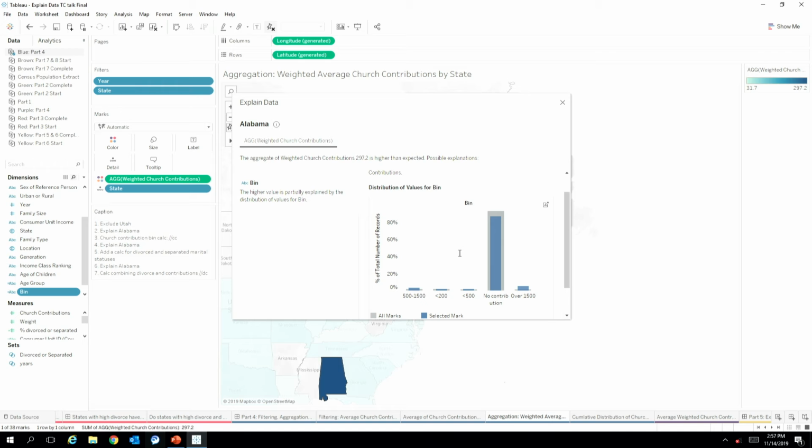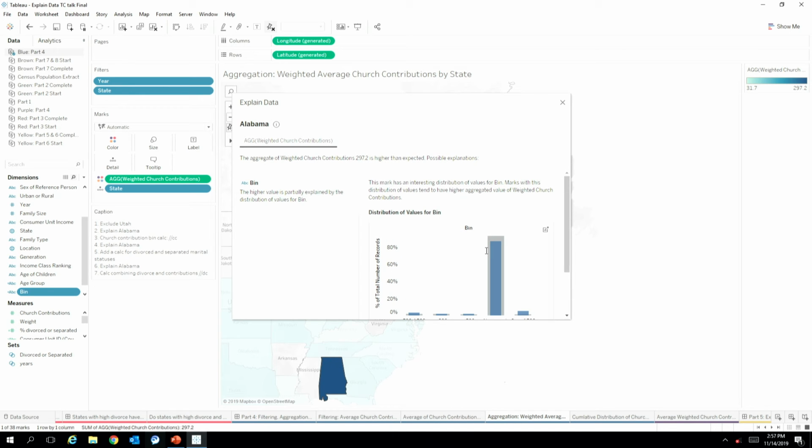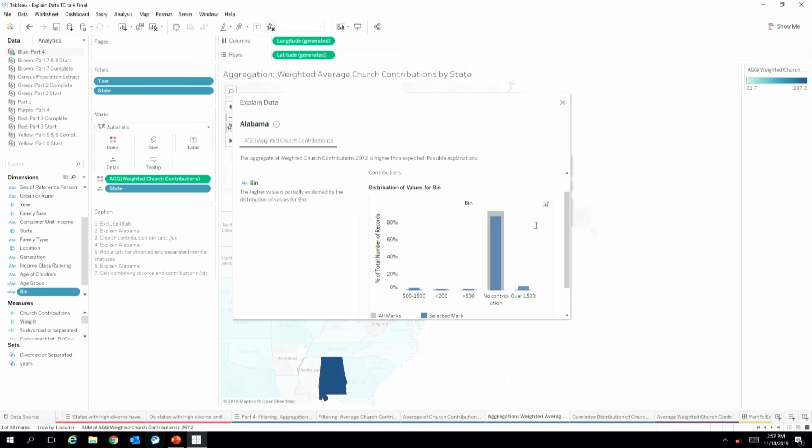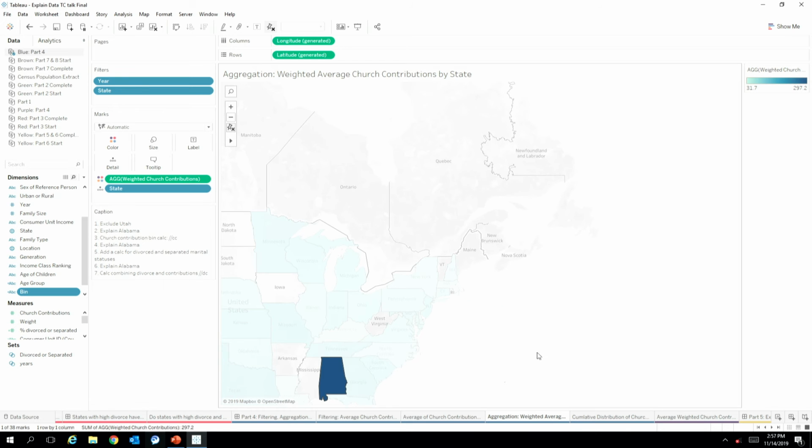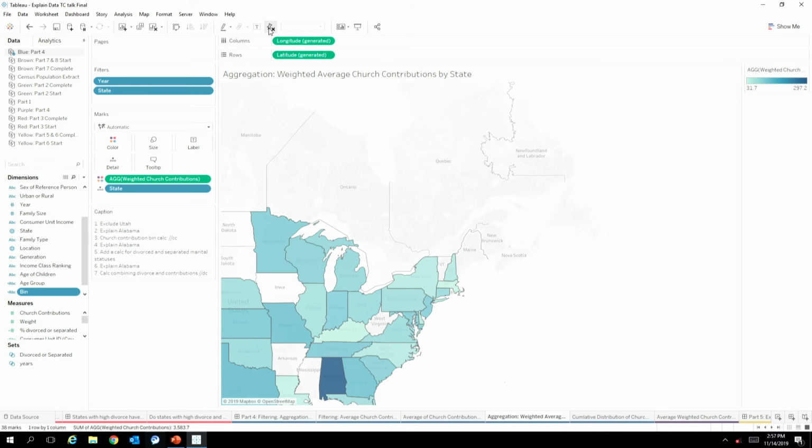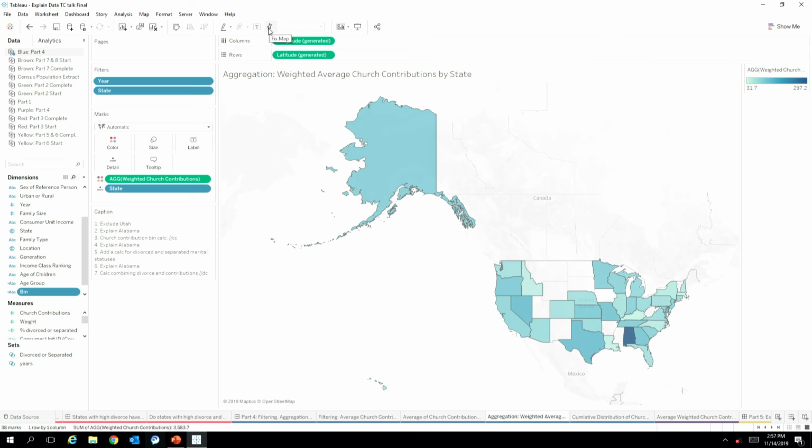And you can see here that a smaller proportion of the population is making no contributions. And it's giving this description here that marks with this distribution have higher aggregated values for the weighted church contributions. So in some cases, if you're explaining a ratio, creating dimensions could help get explanations out of your data.